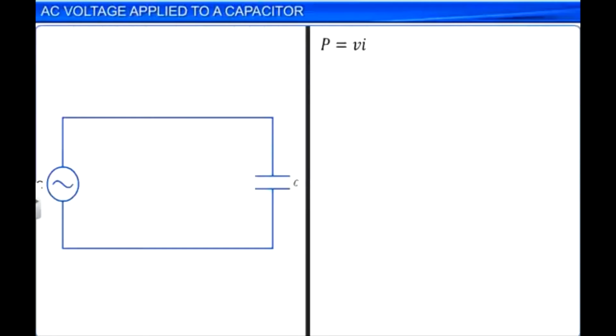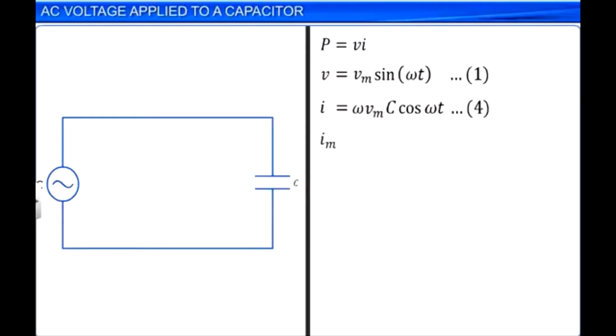Let us now try to look at power dissipation through the capacitor compared to resistance. The instantaneous power supplied, P, to the capacitor is denoted by the product of voltage with current through any circuit element. Using equations 1 and 4 and the relation Im is equal to omega Vm C, we get P is equal to Vm sin omega t into Im cos omega t.